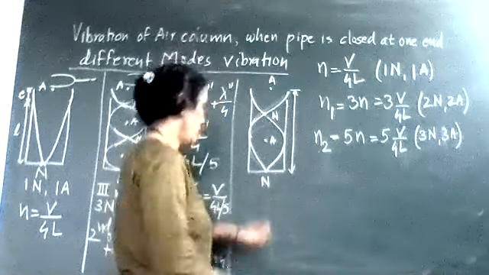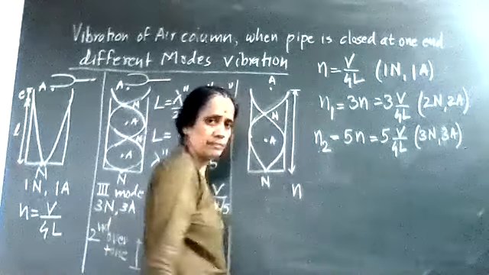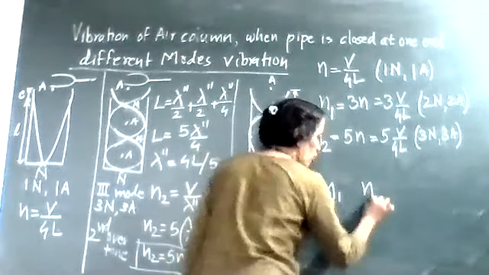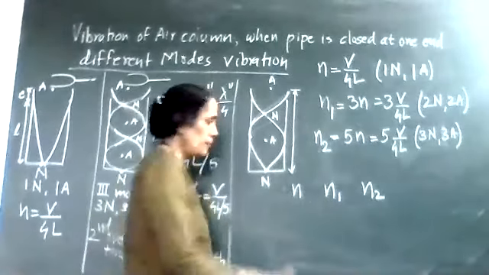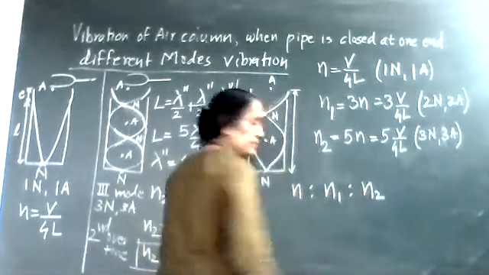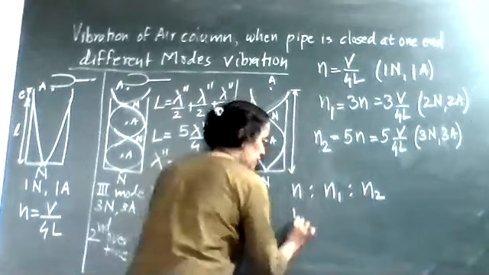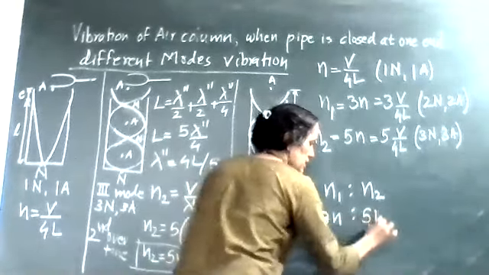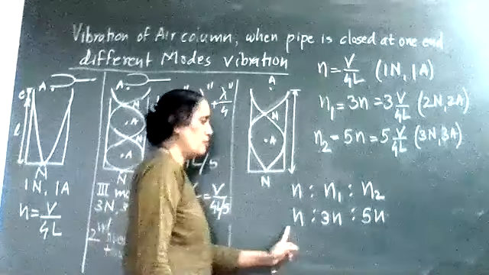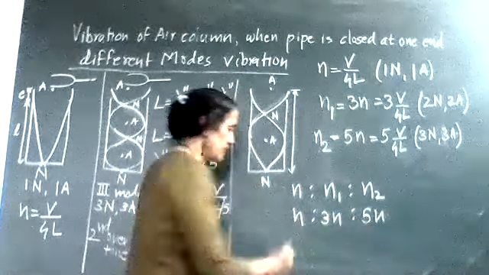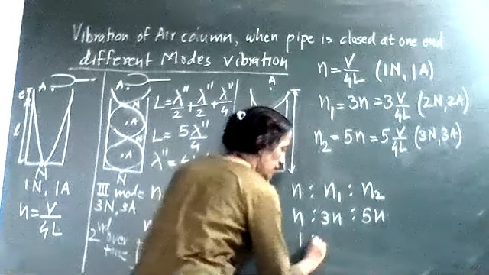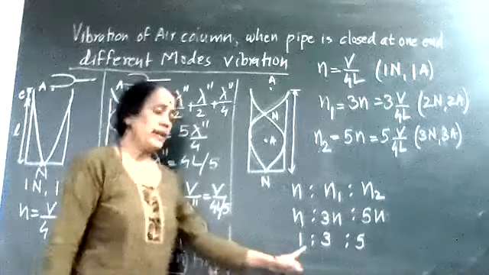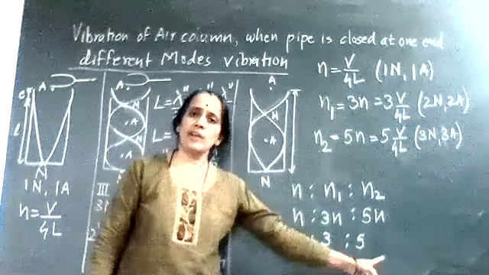In all three modes, the first mode frequency is N, the second mode frequency is N1, the third mode frequency is N2. Now if I take the ratio: fundamental frequency N, N1 is 3N, N2 is 5N. From all three, N will get cancelled. What I am getting is 1 is to 3 is to 5. 1 odd number, 3 odd number, 5 odd number.